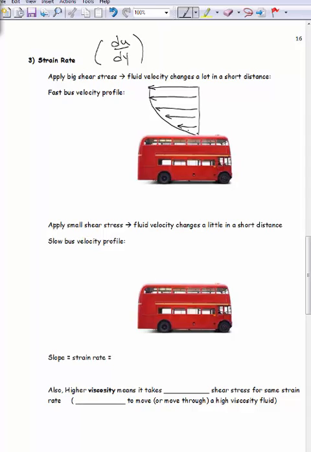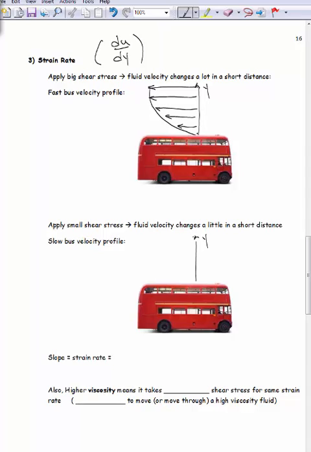Okay, let's say on the other hand we have a slow moving bus. So this is our y direction. So a slow moving bus, same thing again, we're talking about a bus sitting in a wind tunnel and the wind blowing over it. It's the same thing as the bus moving. So here's a slow moving bus, or a slow airflow over a bus.